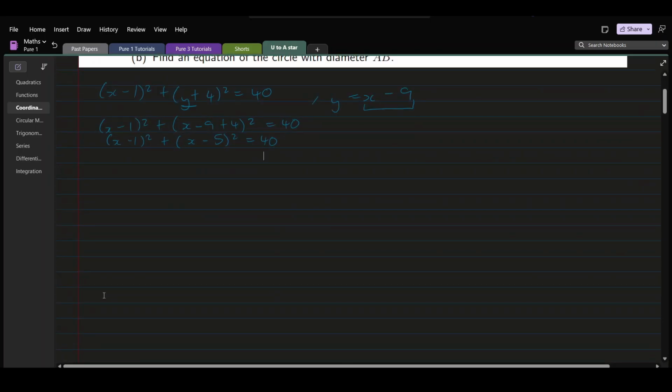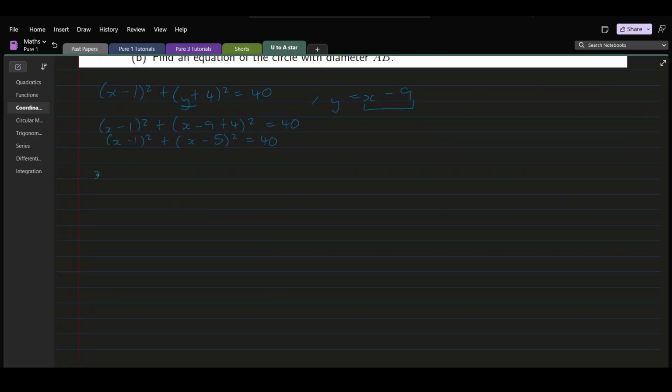Okay, now let's expand our quadratic. So that becomes x squared minus 2x plus 1 plus x squared minus 10x plus 25 is equal to 40. Now let's group like terms. x squared plus x squared gives us 2x squared, minus 2x minus 10x, that's minus 12x.